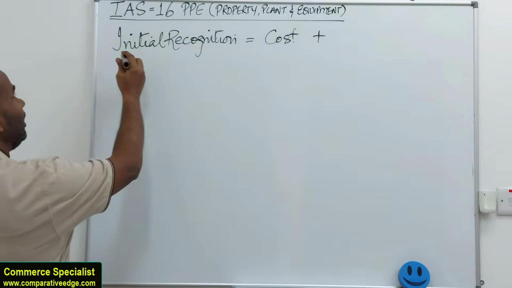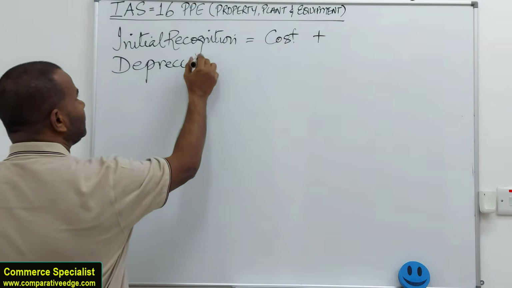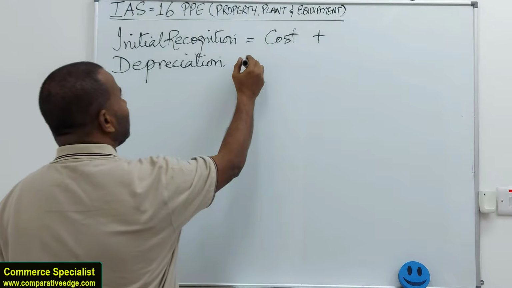The second important area of IAS 16 is regarding depreciation. What methods to use?